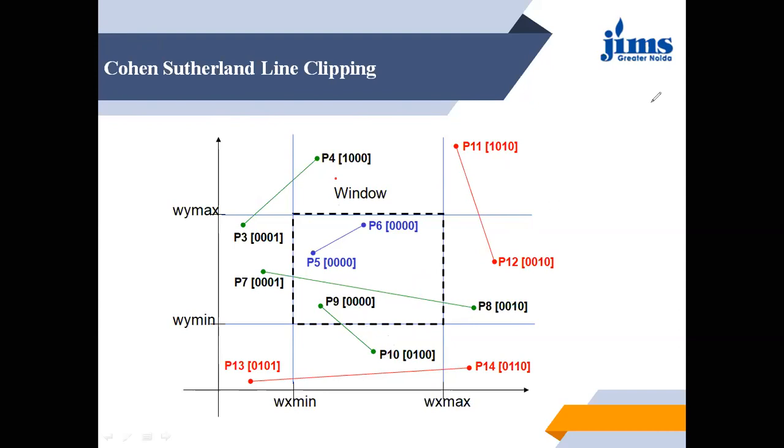The region code of P9 is 0000, whereas the region code of the other end of this line, that is P10, is 0100, and when we are performing an AND operation between these two, the result is 0000, meaning the value of AND is 0.